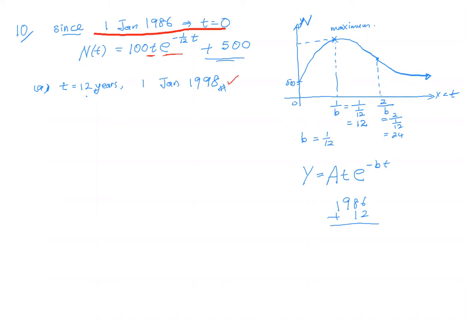What is the maximum population? So what I need to do, I need to look for this. Can you please find it now? So you have to substitute into this formula.